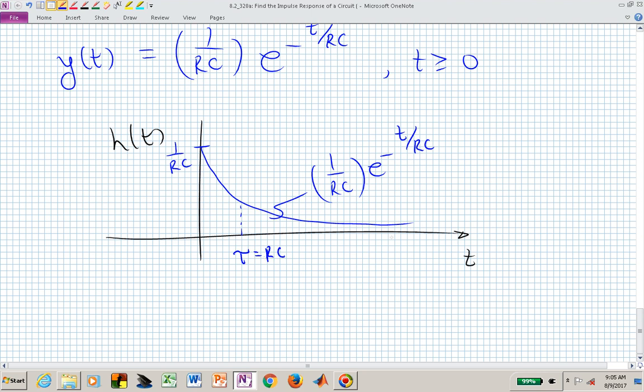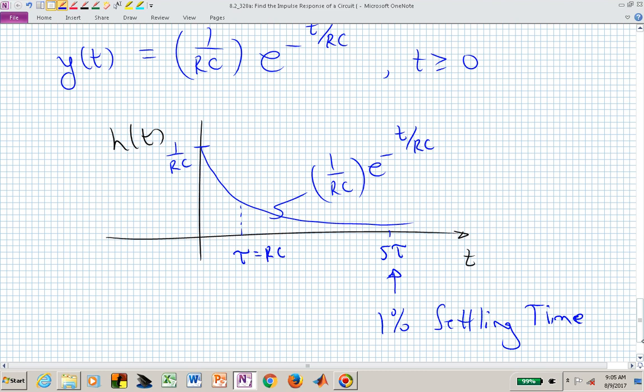And if we went all the way out to 5 tau, this would be our 1% settling time. And that's when we effectively say, okay, our response is finished after 5 time constants, or a 1% settling time. That's e to the minus 5, which is less than 0.01 in actual value.